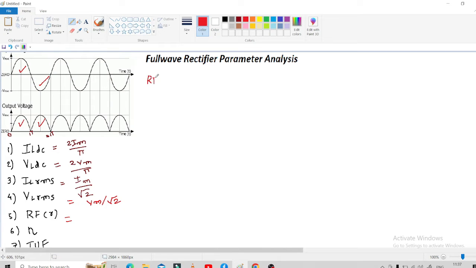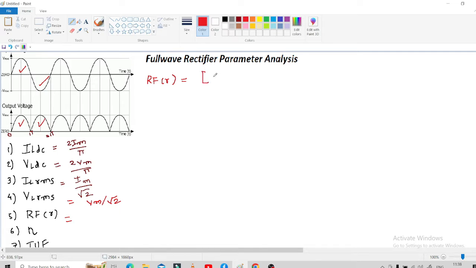is RF. It is also known as the ripple factor, or it is also denoted by the small r over here. Okay, so we know that the ripple factor is nothing but the amount of AC upon the amount of DC at the output, that is RMS.